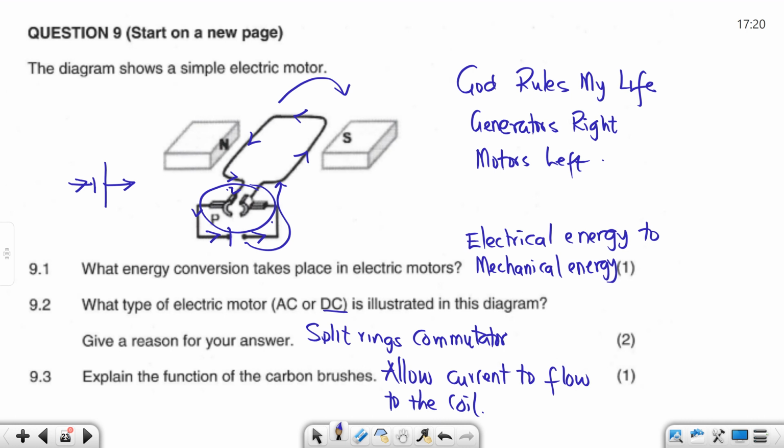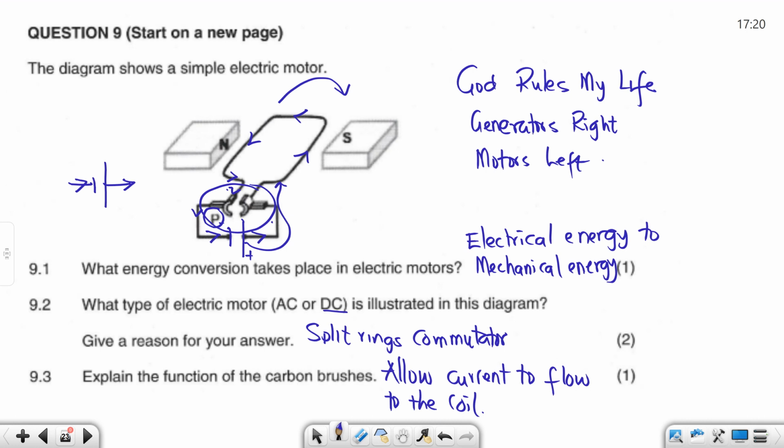Do you notice it is coming in here and it is leaving that way? So this is my positive and this would be the... So what is P connected to? Negative. All right? Current would leave from the... So the idea is to get the flow of current. Once you get the flow of current, you will be okay.